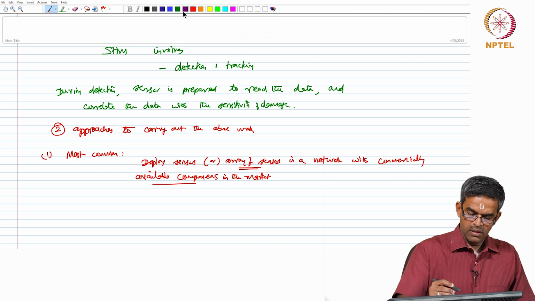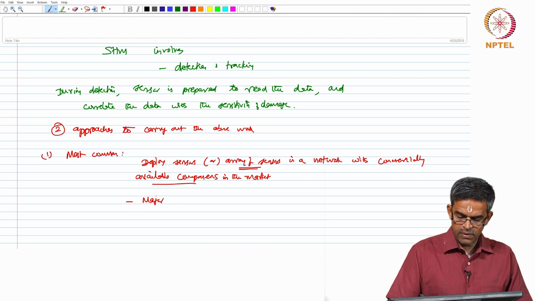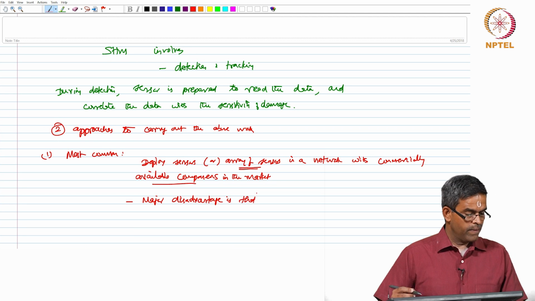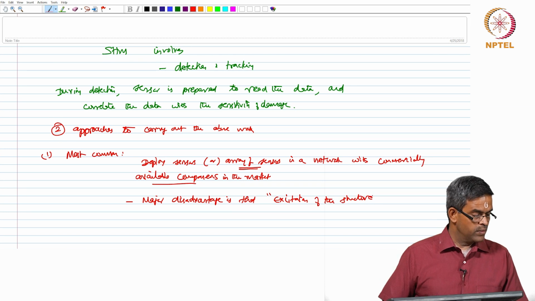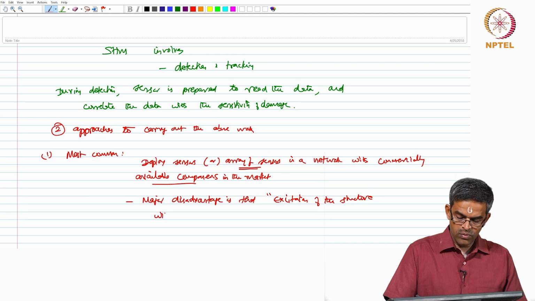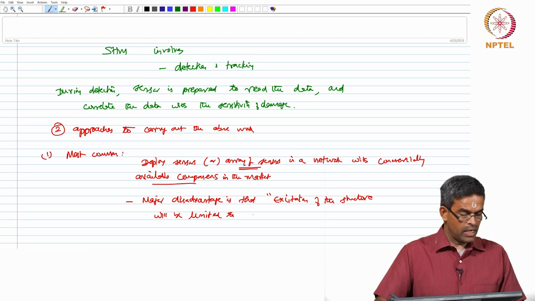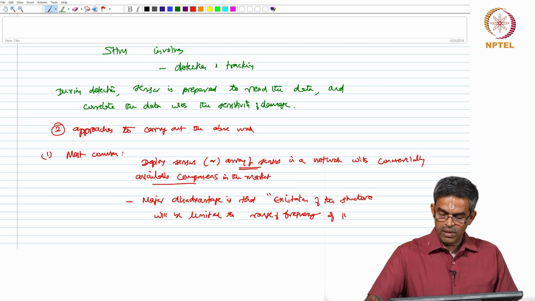In this case, the major disadvantage is that excitation of the structure will be limited to the range of frequency of the array of sensors.